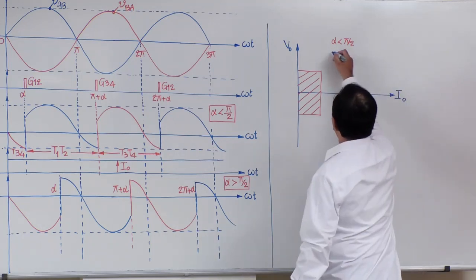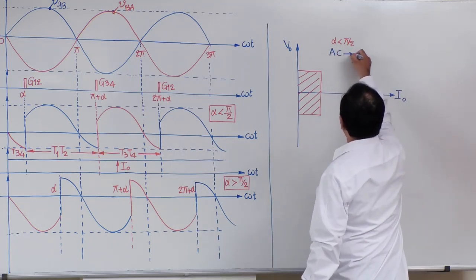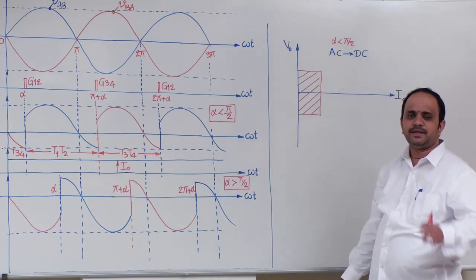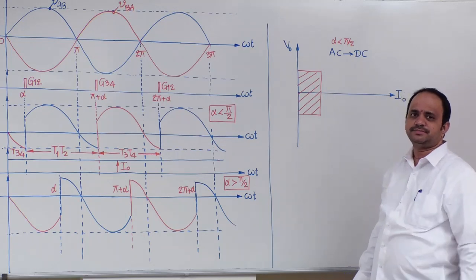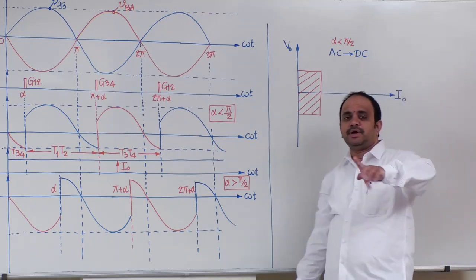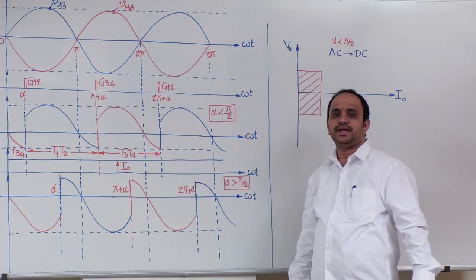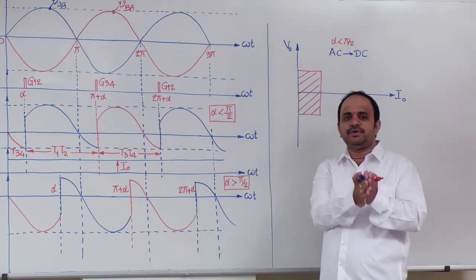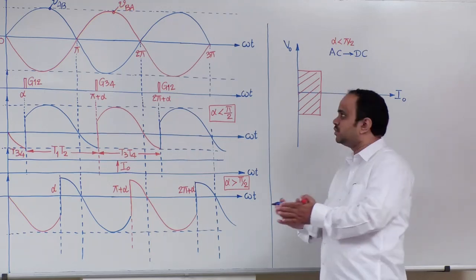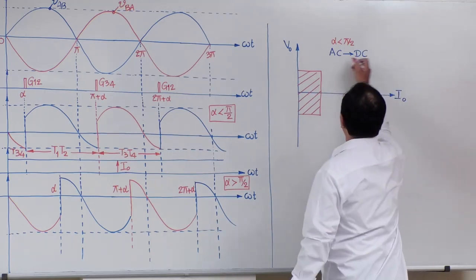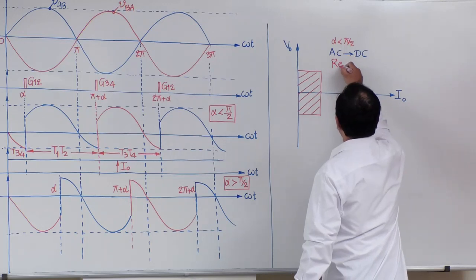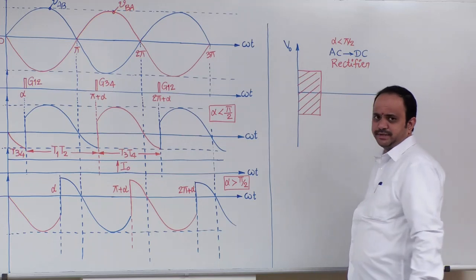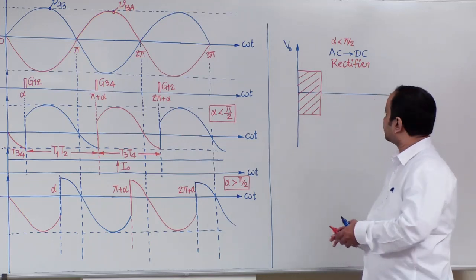In this first quadrant, the power flow direction is from AC source to DC load. If you recollect our introduction lecture to converter analysis, I told that if the direction of the power flow is from AC source to DC load, such a circuit is in rectifier operation.